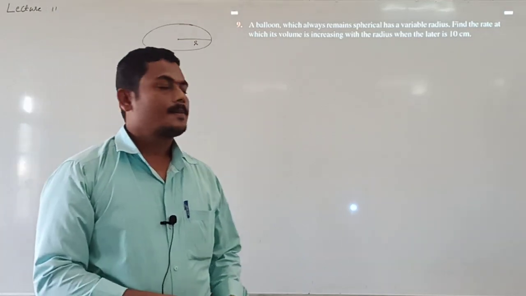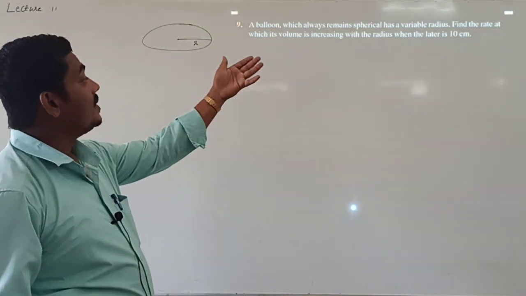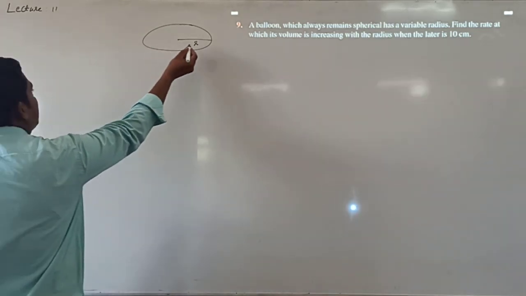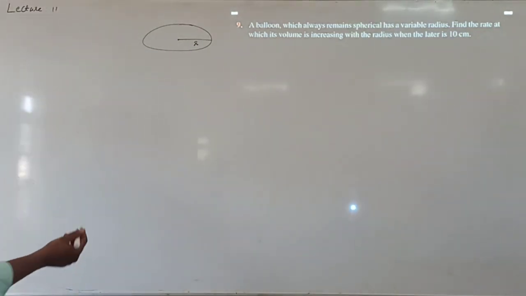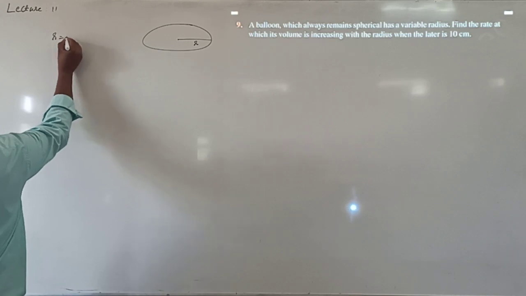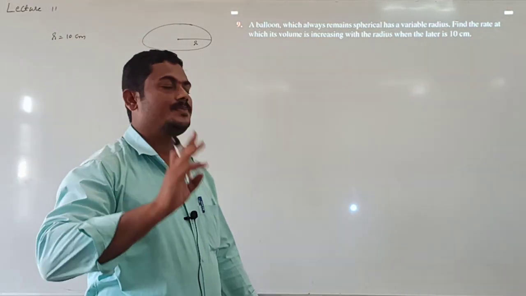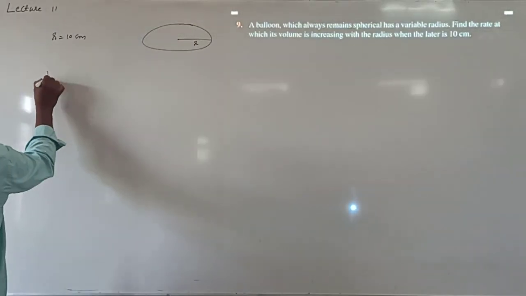In this case, we need the rate of change of volume of the sphere with respect to its radius. Initially radius is r centimeter, after some time it reaches 10 centimeter.